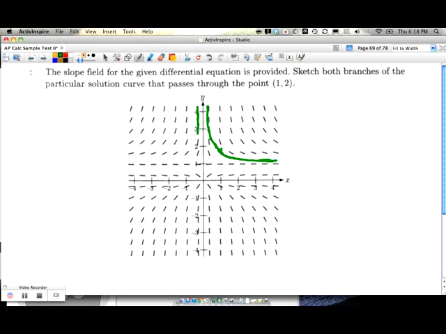Why do I know it's not going to be on the bottom? Because my horizontal asymptote should be going here. Actually, you know what? The horizontal asymptote could be on the other side. So that means this curve could be here.